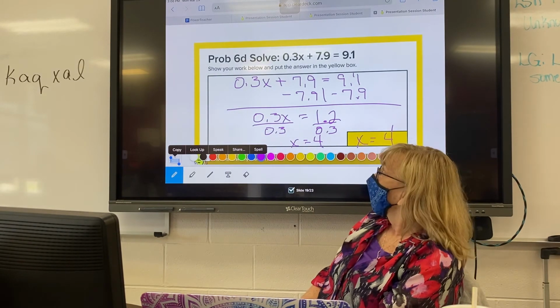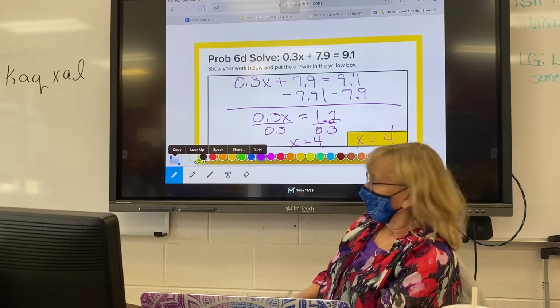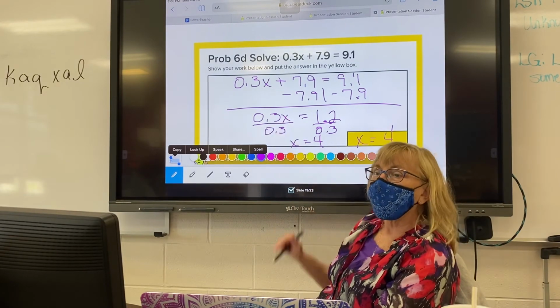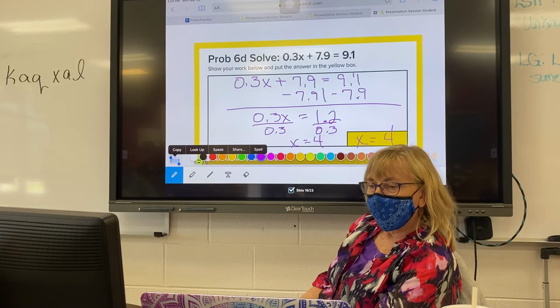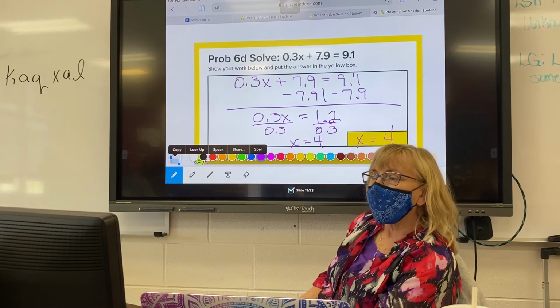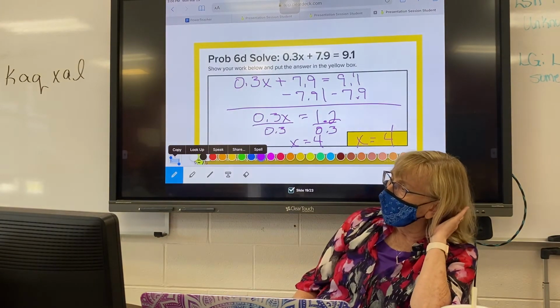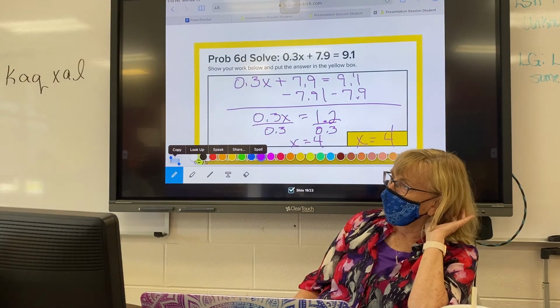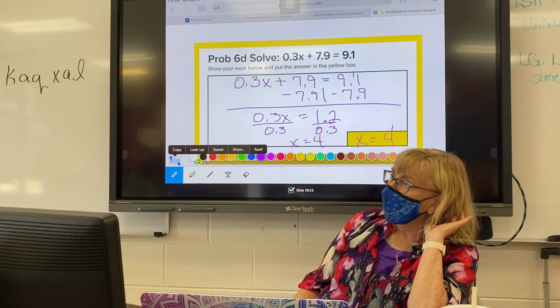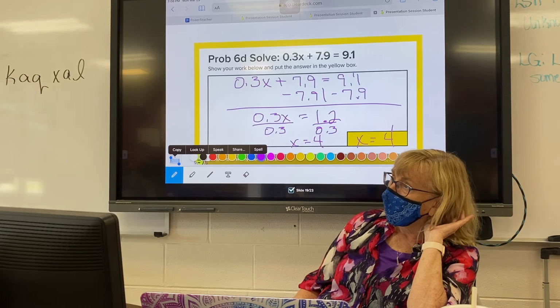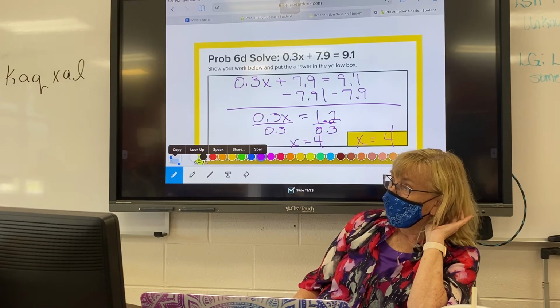So for every problem, would we divide by the coefficient? By itself, by the coefficient, yes. Oh, okay. Even if it's a fraction, you can divide. I was just jumping to the step of multiplying by the reciprocal. But that's still dividing by the fraction. Okay?